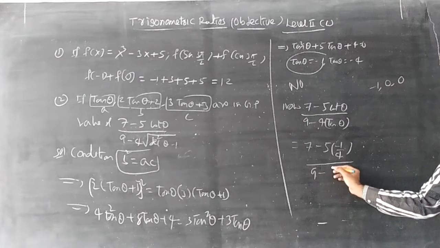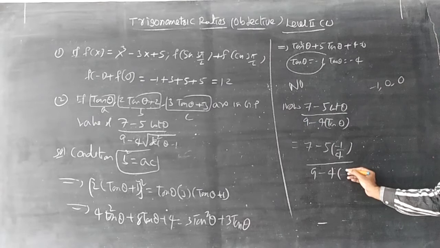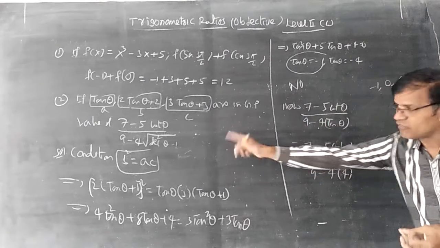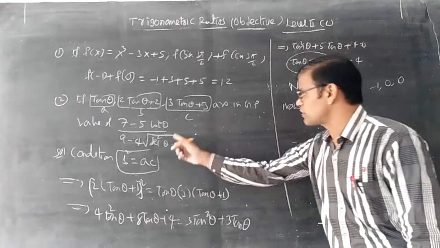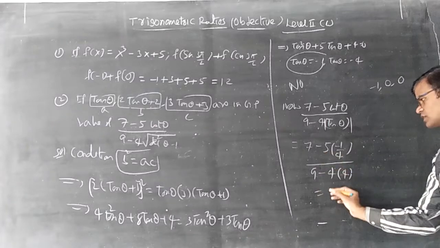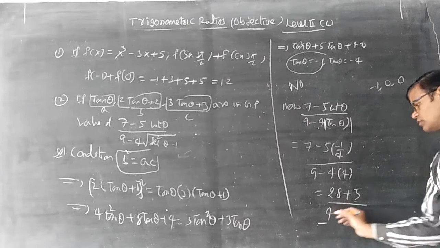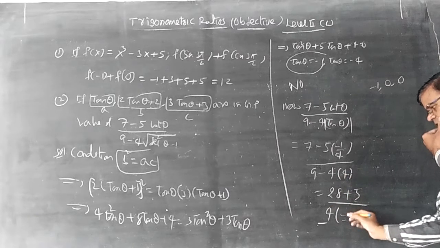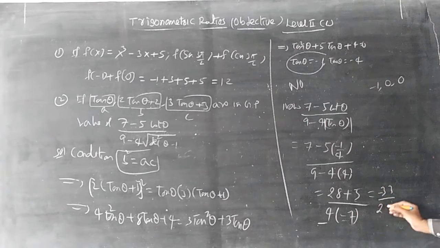And 9 minus 4 into 4, because this is under a root, it becomes positive, a modulus, not directly tan theta. Now what will happen? 4 sevens are 28, 28 plus 5 by 4, into 9 minus 16, minus 7. See the answer: minus 33 by 28.